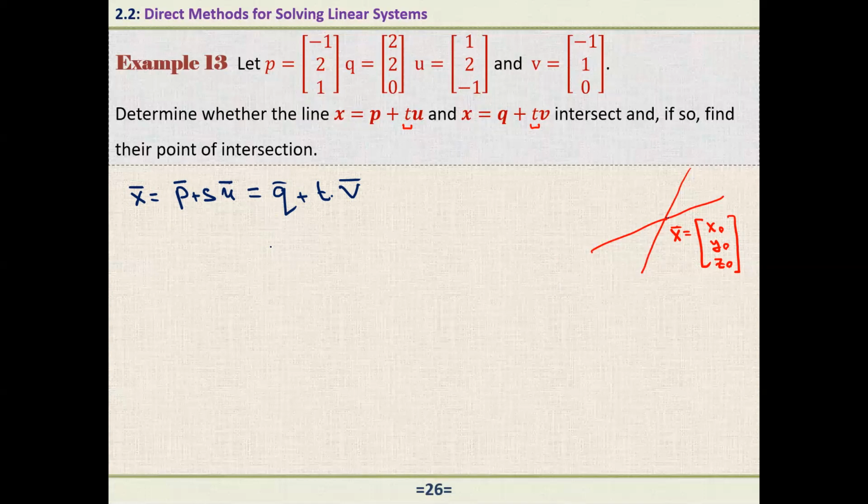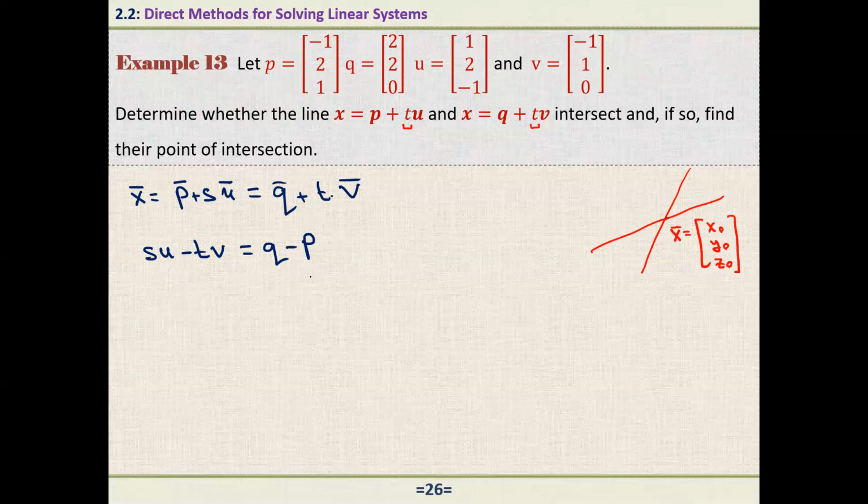So if you reorganize this, you'll have s u minus t v equals q minus p, right? What we are trying to find here is these parameters, so that when we substitute, it gives us that x vector.